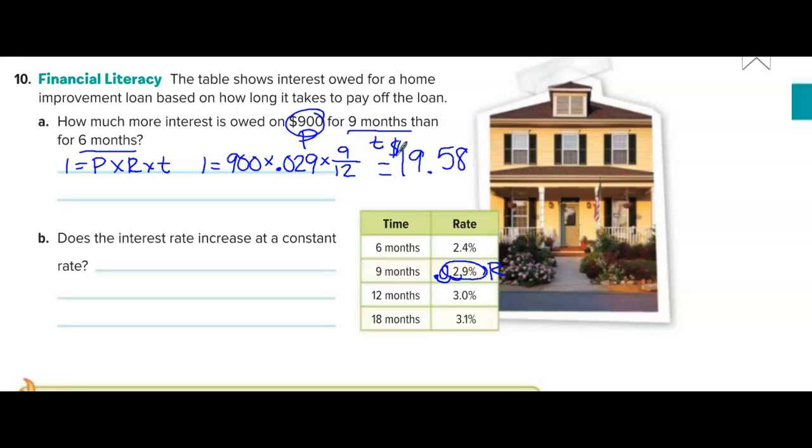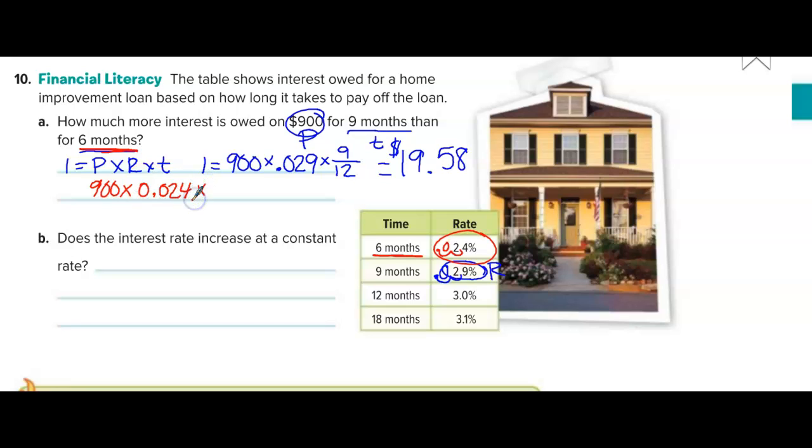Okay, so that was the first part. The second part we have to figure out for 6 months. So again, I'm still going to use I equals P times R times T. My principal is still 900. My rate this time, if I look over here at 6 months, it is 2.4%, so I have to move it 2 places, and I get 0.024.